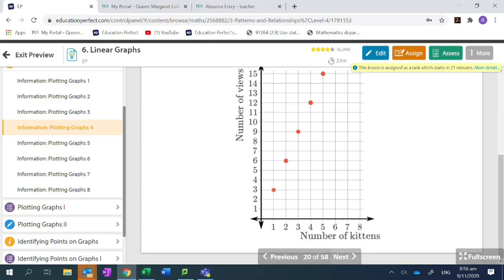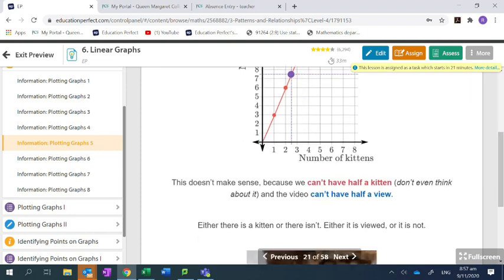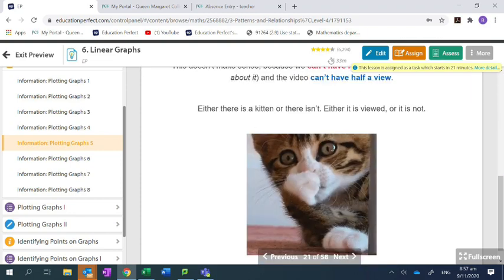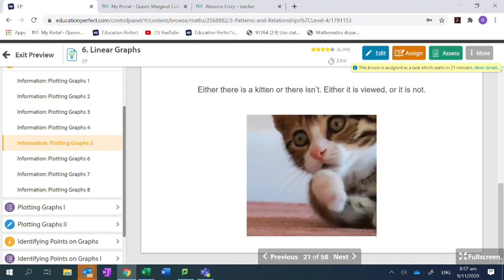Yes, you could watch it for a bit and turn it off, but they're asking, did you view the video? Yes or no. So that one is not appropriate to make a line. Because you can't have a video with 2.5 kittens and get 7.5 views. Doesn't make any sense. Can't have half a kitten or half a view. You either viewed it or not.